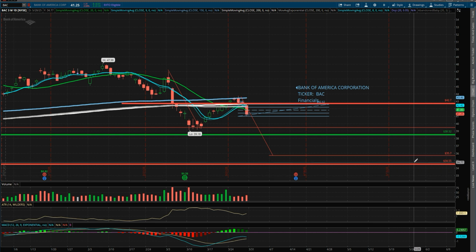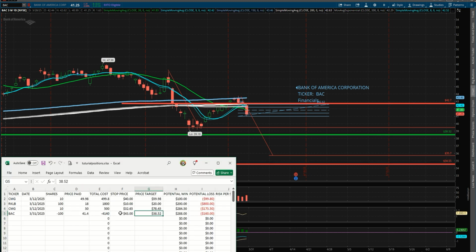Alright, so we have our price levels. Okay, so with our chart, we're looking to get to 34.55. So our price target now, instead of 38.52, which would be a potential win of $288, we're going to go for a price target of 34.55, which is $685 and risking $160 on the trade.